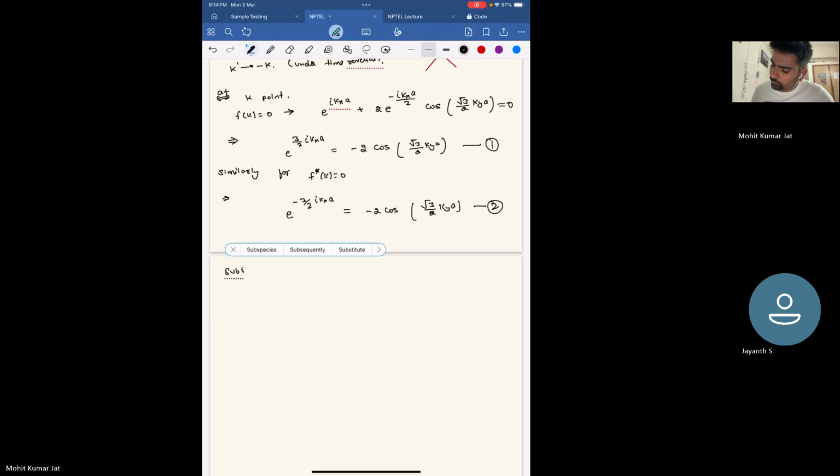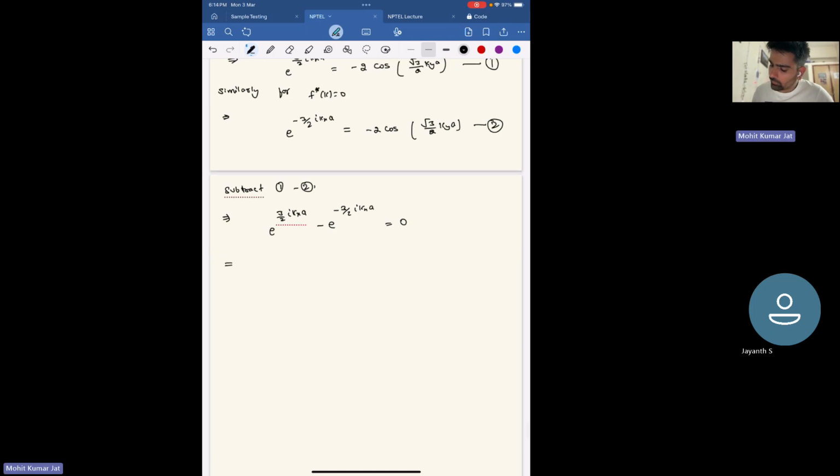Subtract 1 minus 2. This will give me e to the power 3 by 2 i kx a minus e to the power minus 3 by 2 i kx a is equal to 0.